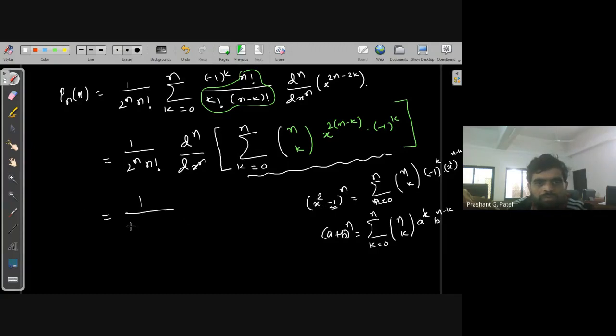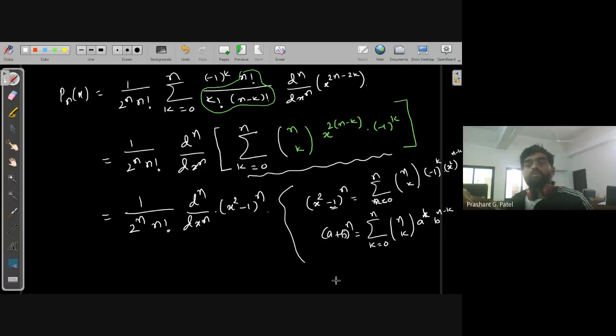So this is 1 upon 2 power n into n factorial, nth derivative of x square minus 1 power n. This is the required quantity, and using the binomial theorem we got this. So this proves our objective, to obtain the Rodrigues formula for Legendre polynomials.